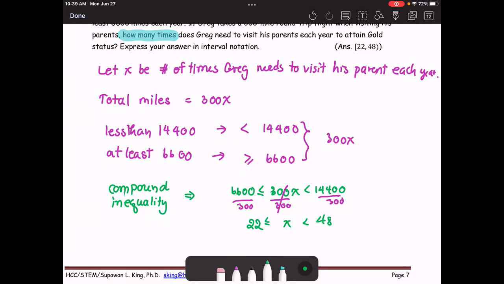That means the number of times that Greg needs to visit is in the range of 22 and 48, including 22, not including 48, as an interval notation for this problem solution.